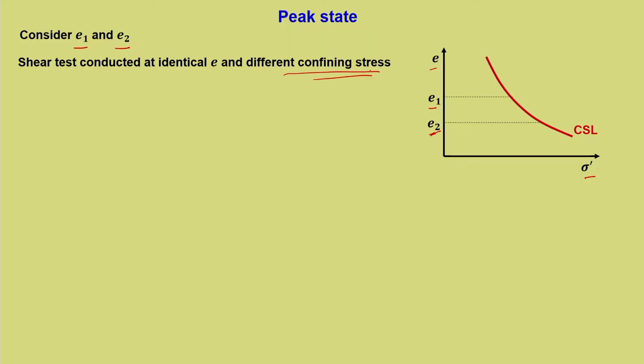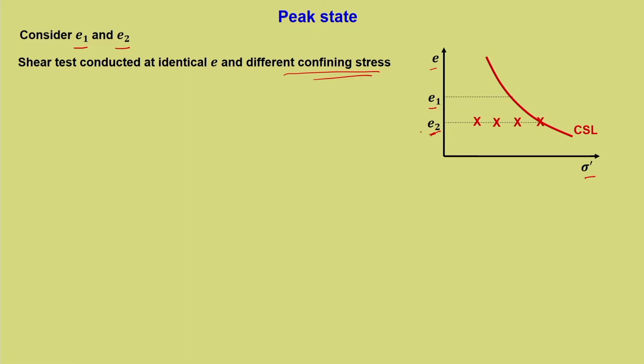And then we choose 3 different confining pressures, whether it is in a direct shear test or in a triaxial test. We need to conduct it at 3 different confining stresses, that is what is written here, at least 3.